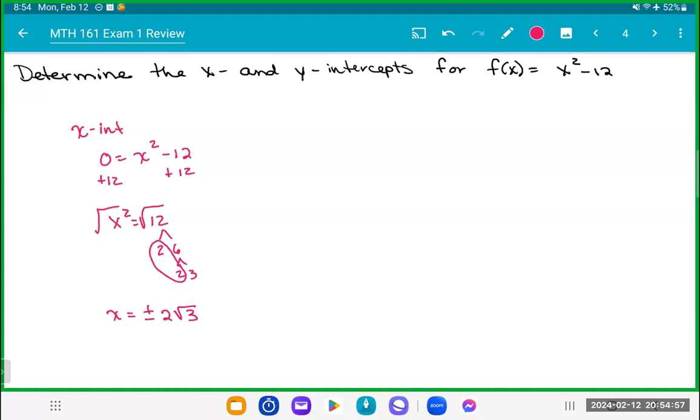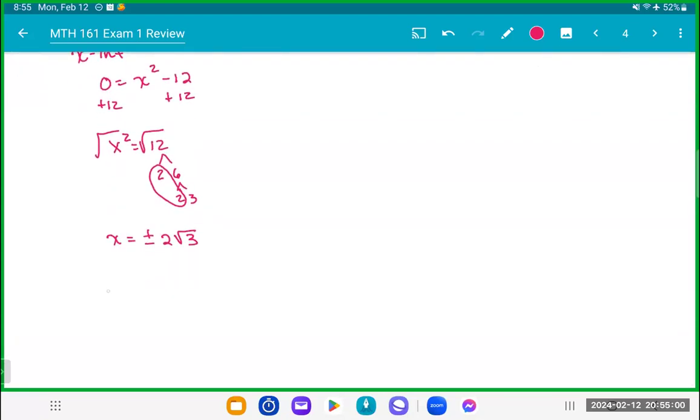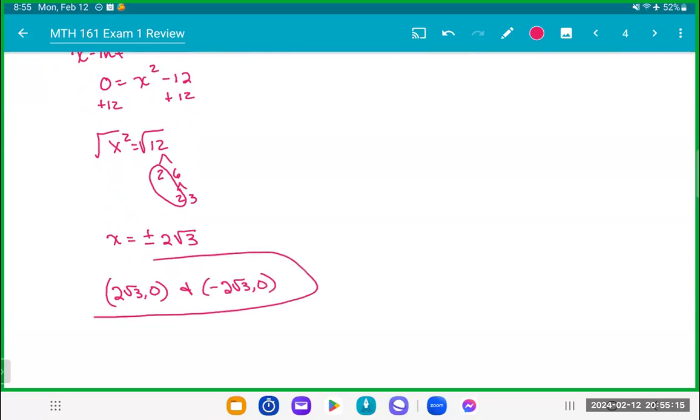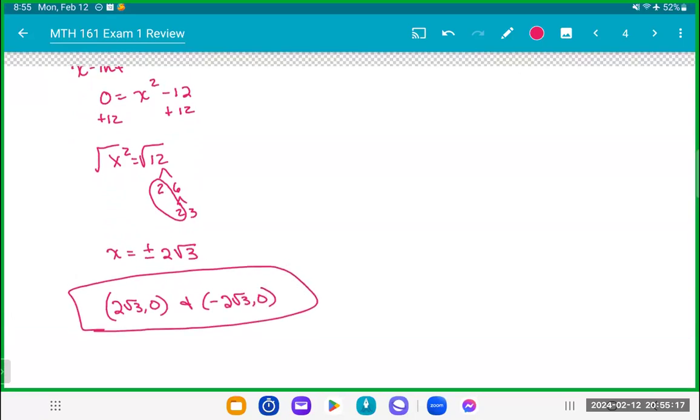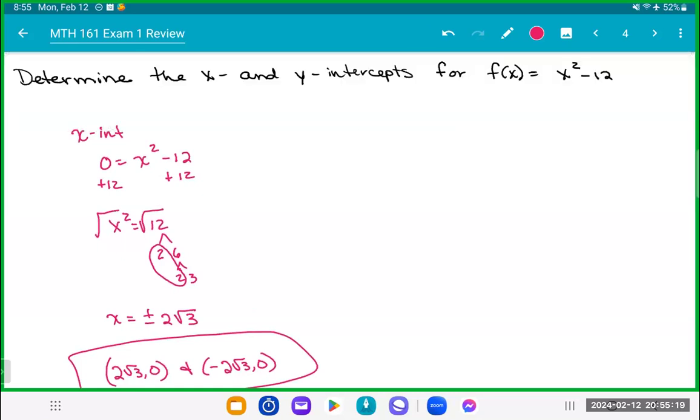So for my x-intercepts, I have one at 2 square roots of 3, 0, and another at negative 2 square roots of 3, 0. Those are my x-intercepts, but I also need to determine my y-intercept.